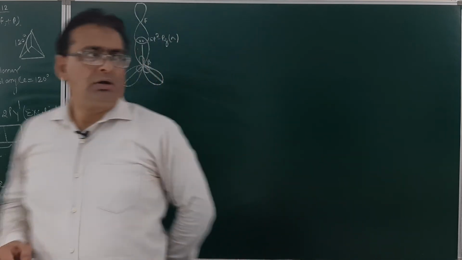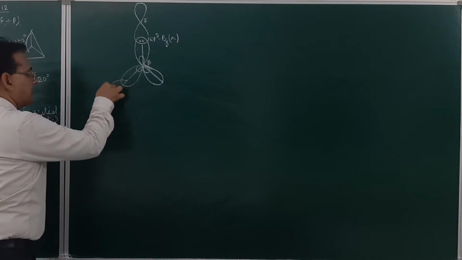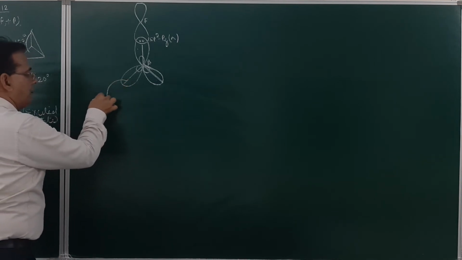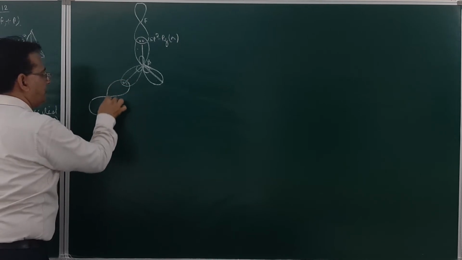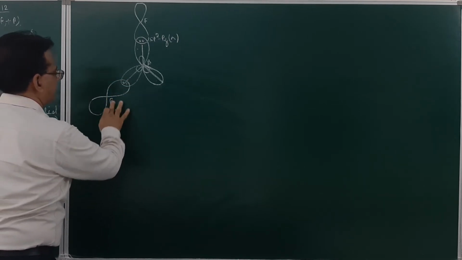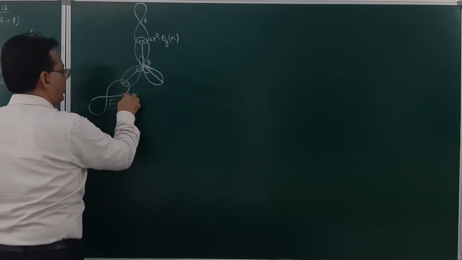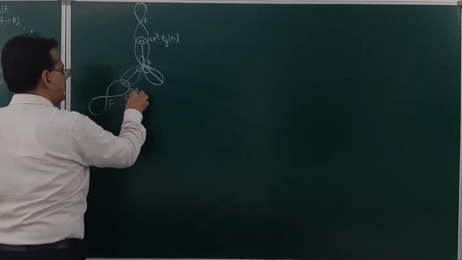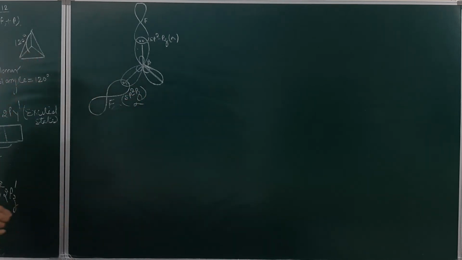Now another pz orbital of fluorine will overlap in this manner. This bond formed again will be sp2-pz, and this again will be a sigma bond.